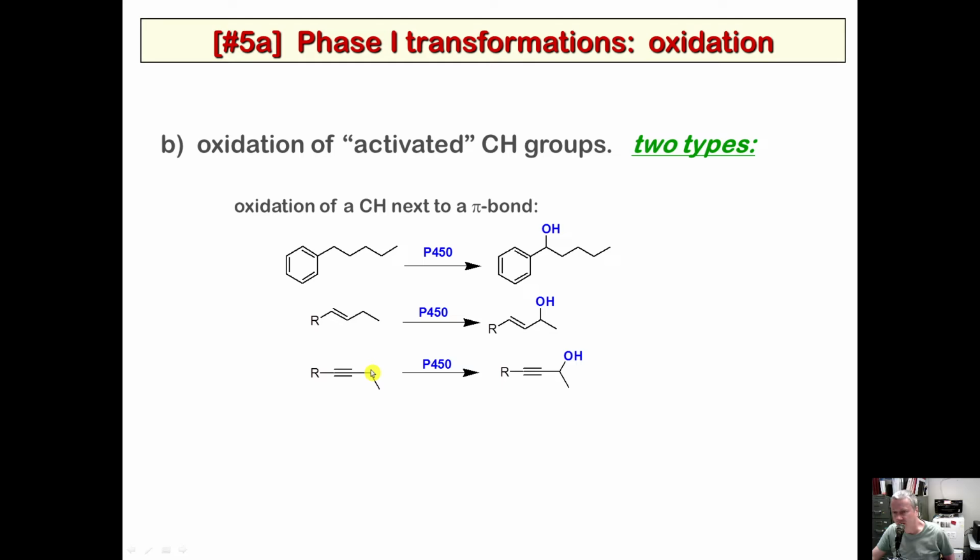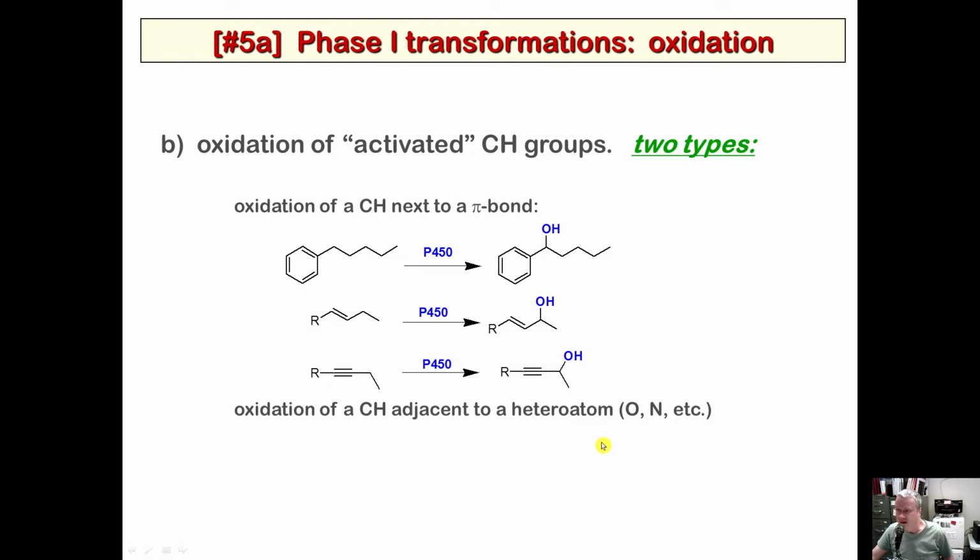You can imagine an alkyne, that position right there is activated so that if an H gets removed, even an alkyne can resonate the radical. Okay, that's what we mean by activation. And it's also if it's neighboring a nitrogen or oxygen, there's some kind of resonance stabilization of that too.